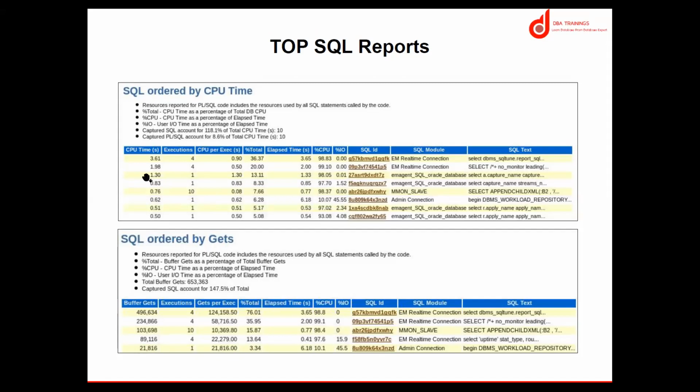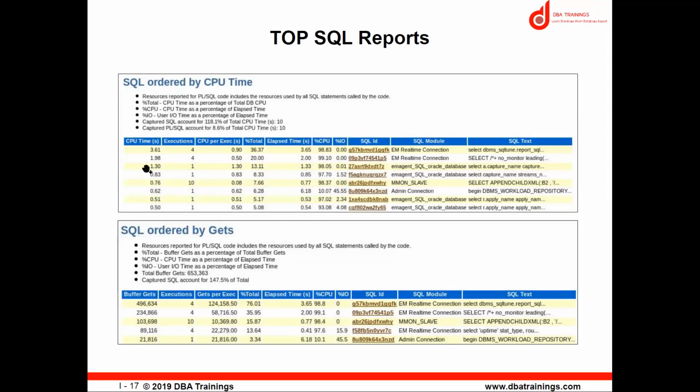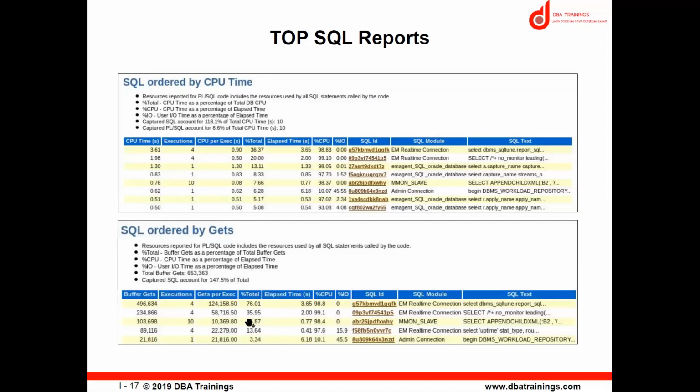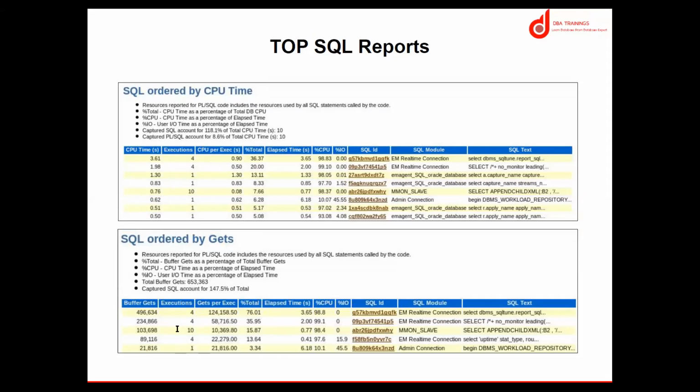After that, how many gets are happening? How many reads are happening? If you can see here, the gets, how much the query is performing, what the short pass is, what the reads are, what my executions are, how many times they have executed, how many buffer gets they have, and then the version count.